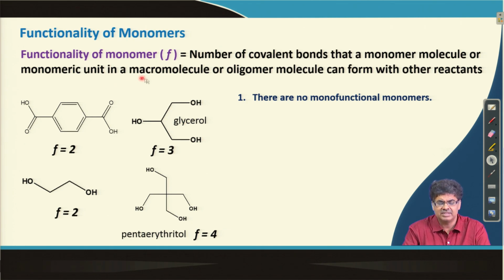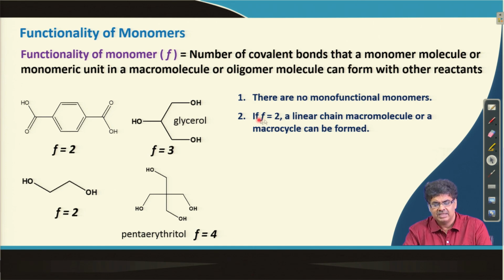A few things about the functionality of monomers. There are no monofunctional monomers, because if a monomer is only capable of making one covalent bond, obviously it cannot participate in a polymerization reaction.